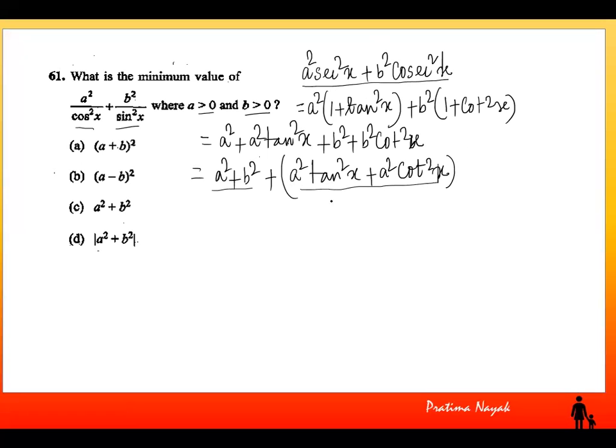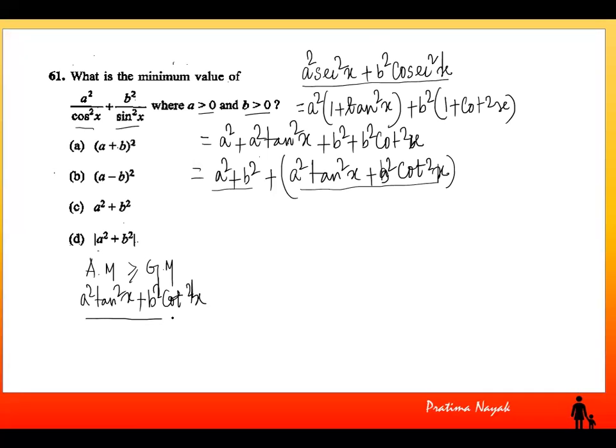So now let us find the minimum value of this. To get the minimum value, again I'll take the arithmetic mean and geometric mean concept. This is a very important concept to prove this type of sum. So a plus b by 2 we have already discussed. Here these terms I am taking, a square tan square x is the first term, and b square cot square x is the second term.